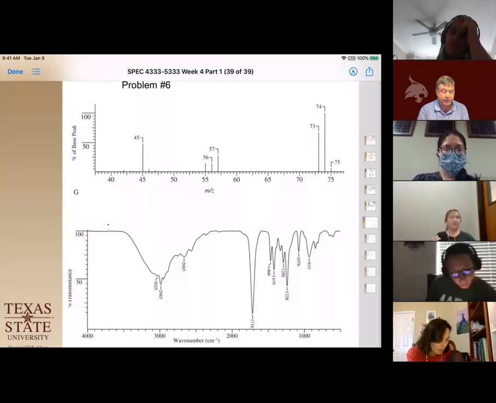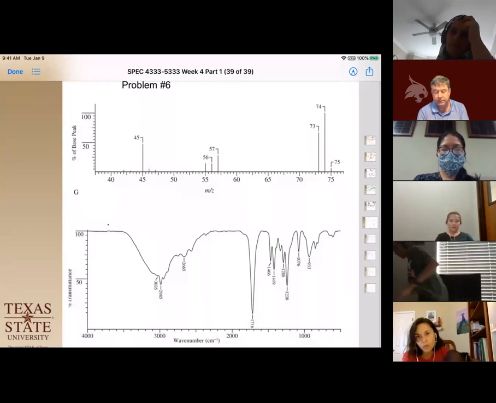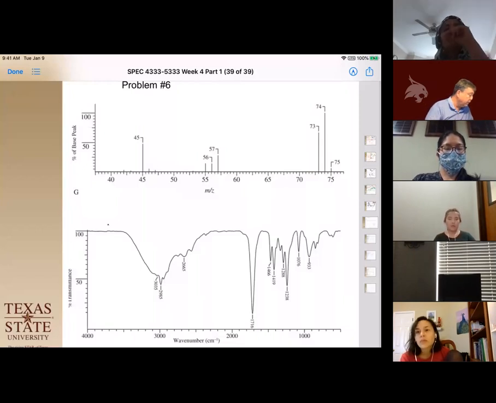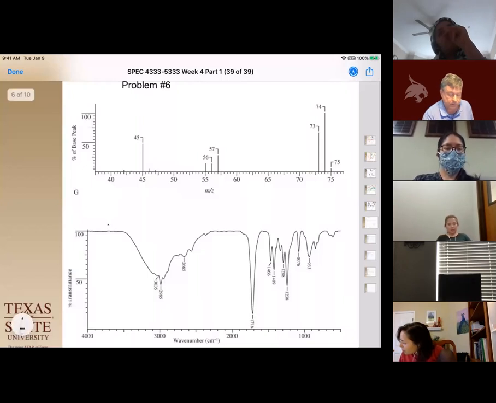And nice fragment here at 45, a couple others there at 73, 74, and 75. Okay, are those common fragments we see? 75 is CH2, CO2, H2, H5. So that's something to look at.